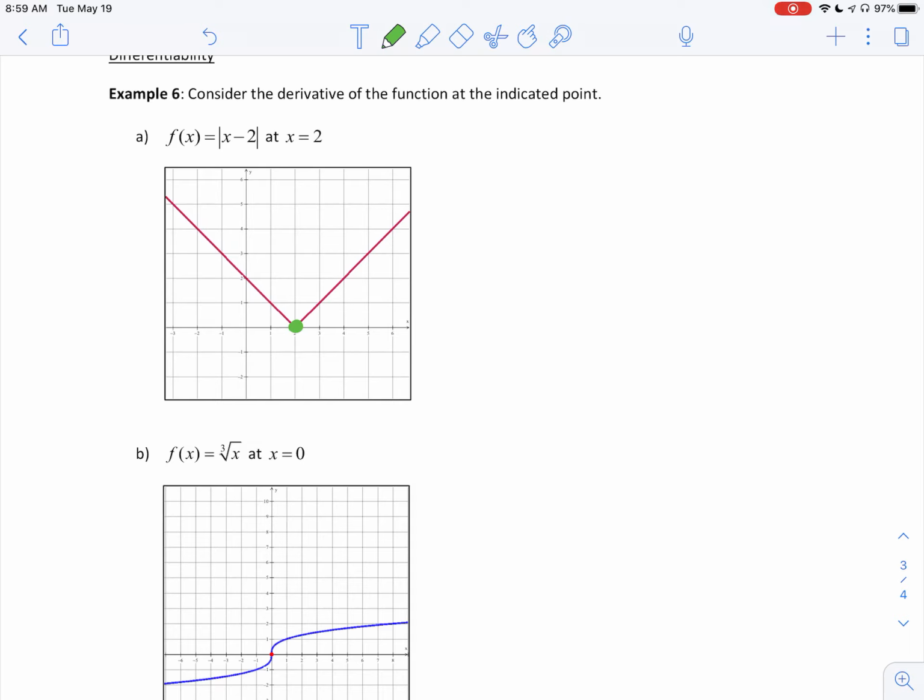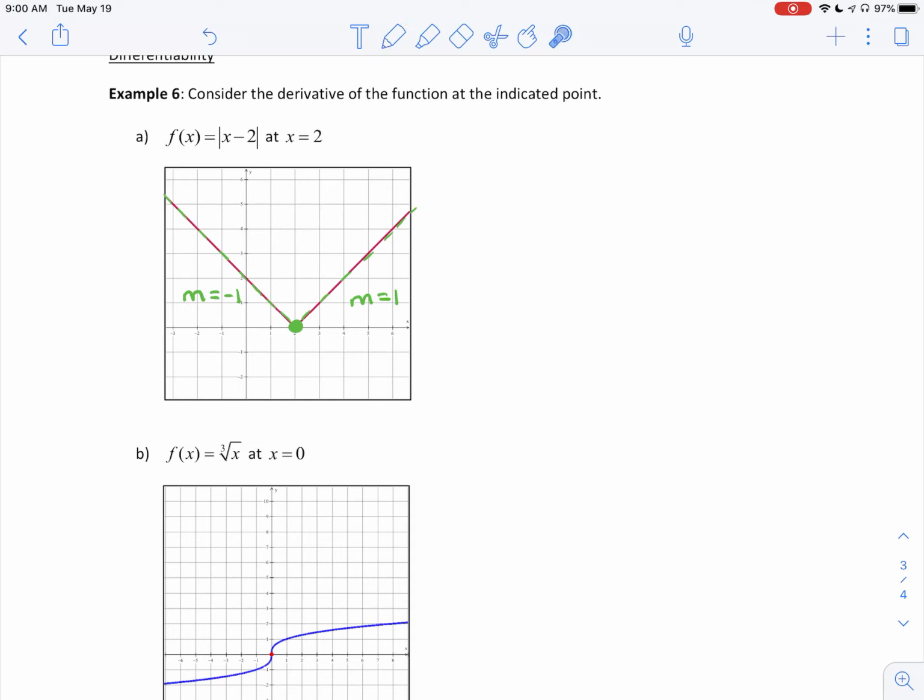So with this one, if we were just to think about the slope of this function, everywhere over here to the left of that vertex point, our slope would be -1. But then everywhere to the right of that vertex point, our slope would be a positive one.